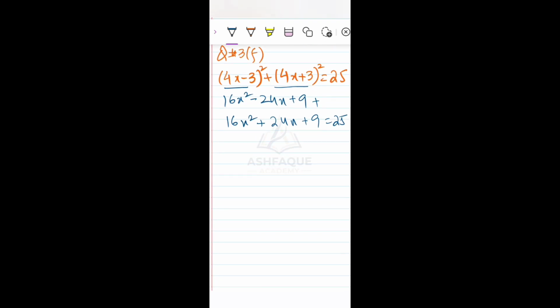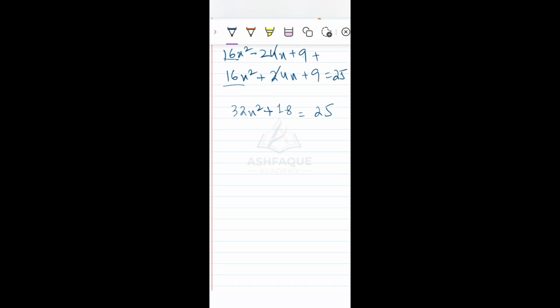So what we have here, minus 24x and plus 24x, they both are opposite in sign, so they will cancel each other. 16 and 16 will add, so it will be 32x square, plus 9 and 9 will add, so it will be 18, and here we have 25.